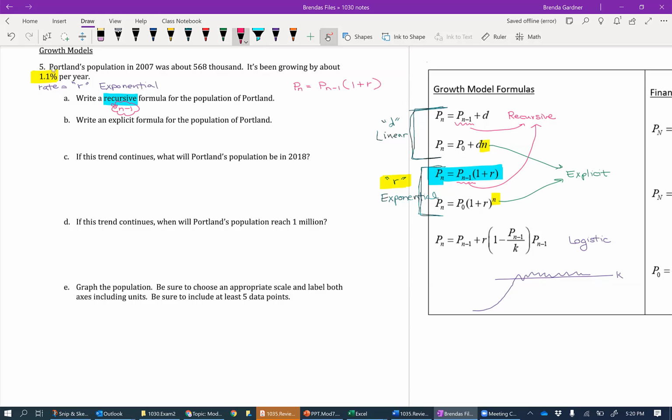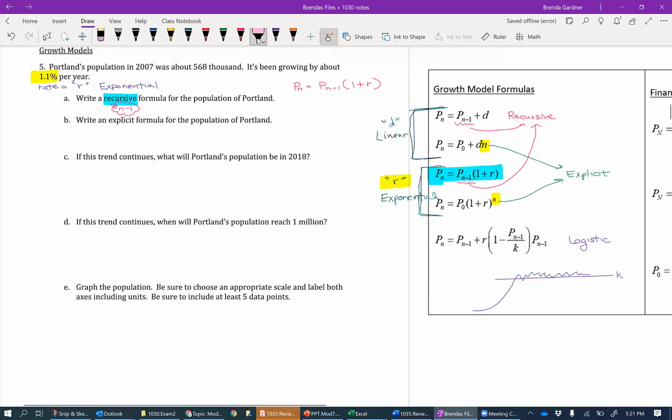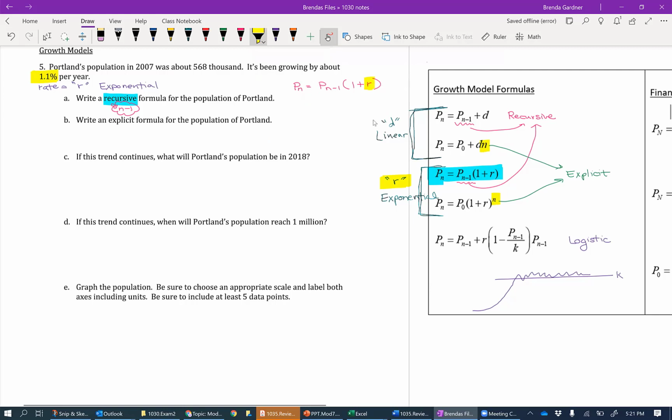When I go back through and read the information, I know that the 1.1 here is my r. And honestly, that's the only thing you're going to change when you write the formula down.